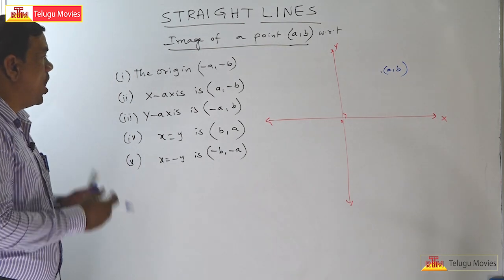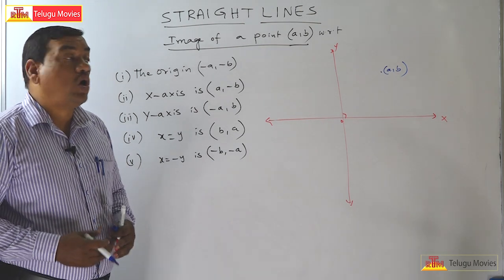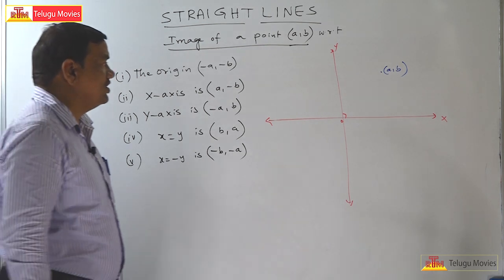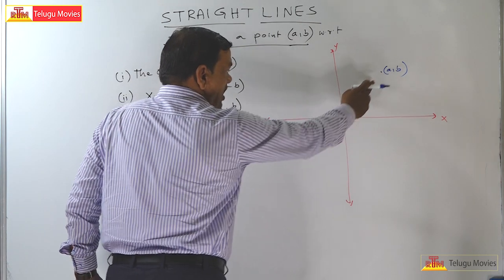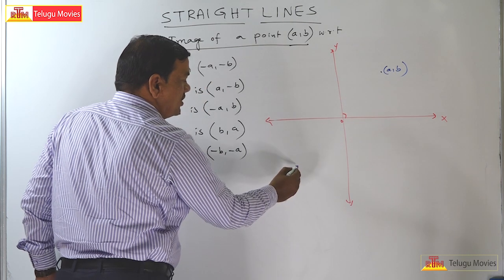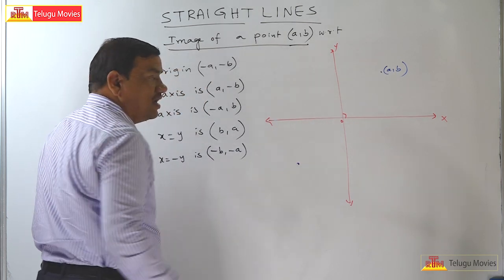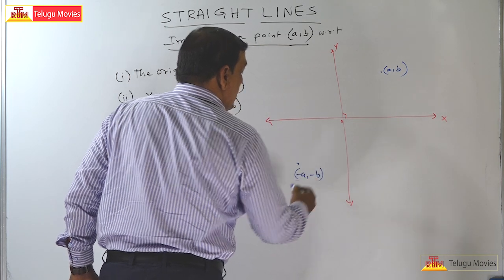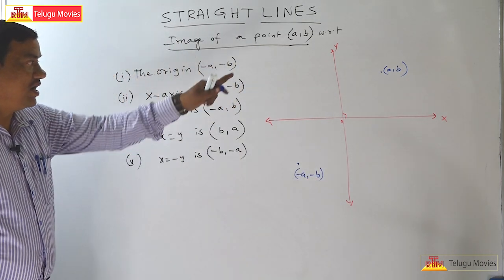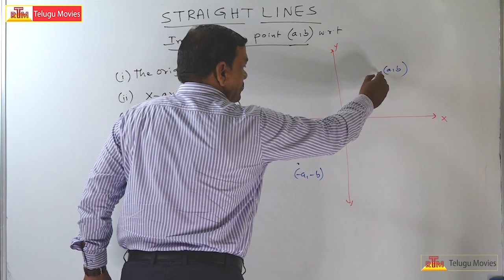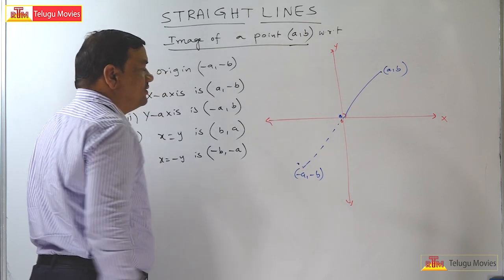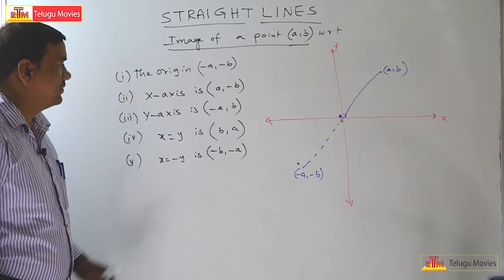With respect to the origin, the image of the point will be in the third quadrant. So the image of this point with respect to the origin is minus a comma minus b.